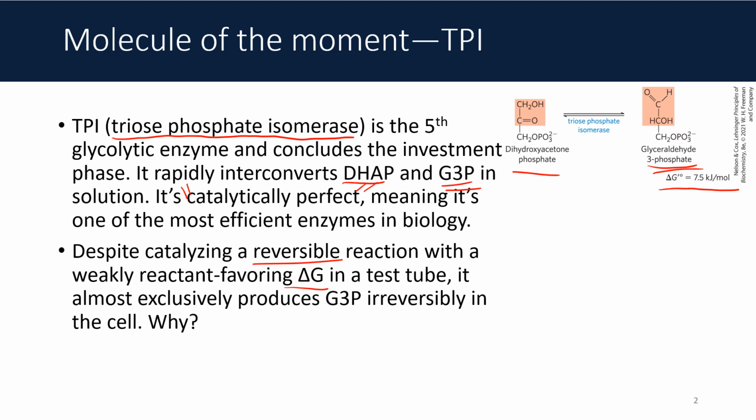However, in the cell, it almost exclusively produces the product G3P. Why is that the case? Reflect on that, and we will talk about that when we meet in class.